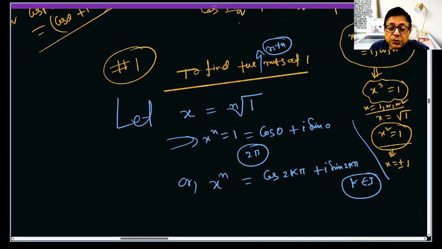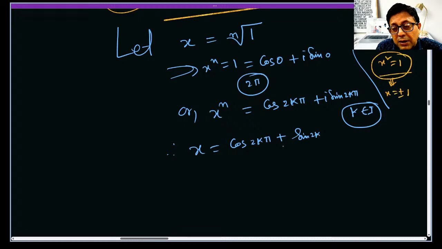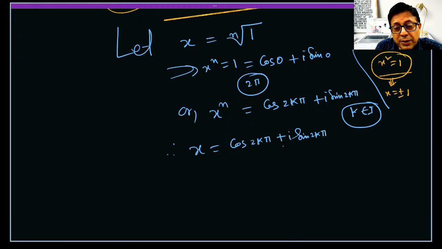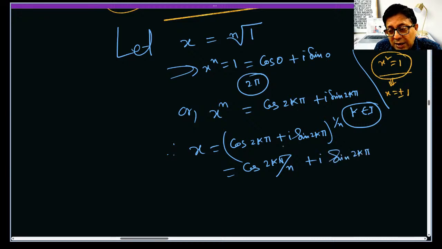Now apply de Moivre's theorem. x is going to be what? (cos 2kπ + i sin 2kπ) to the power 1/n, which is cos(2kπ/n) + i sin(2kπ/n).